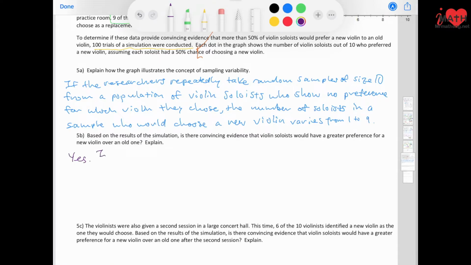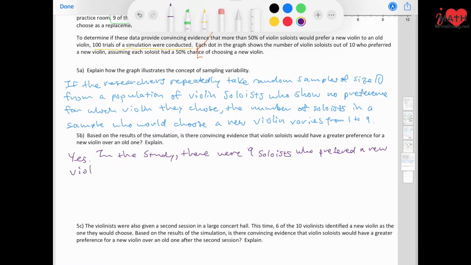Why? In the study, there were 9 soloists who preferred a new violin.